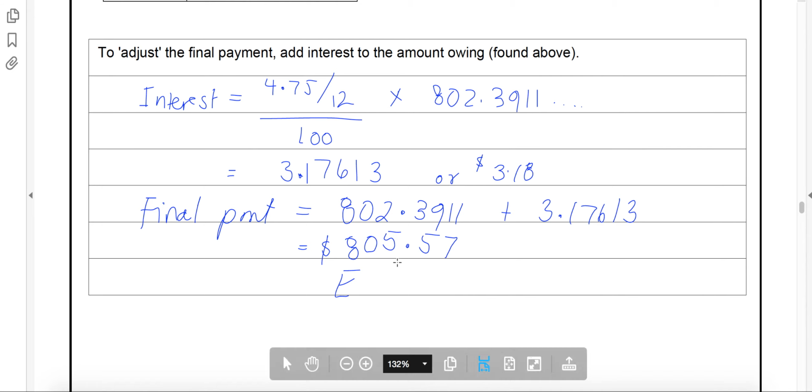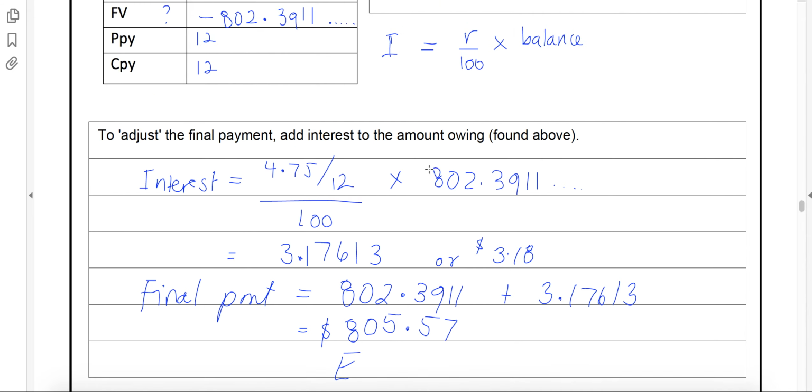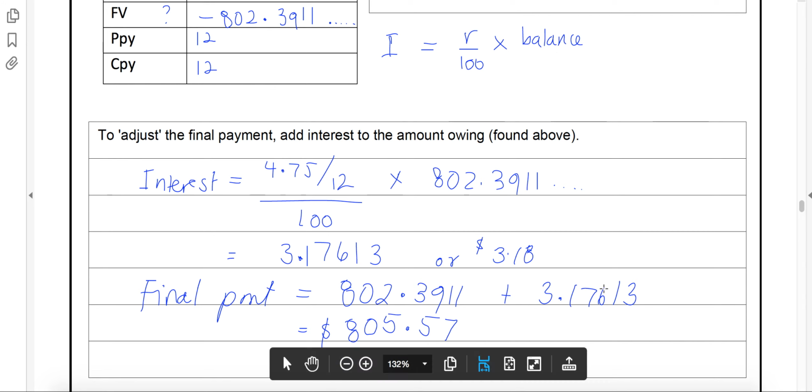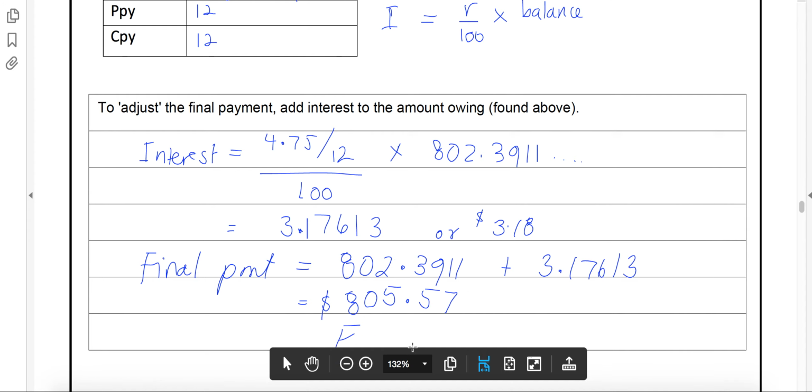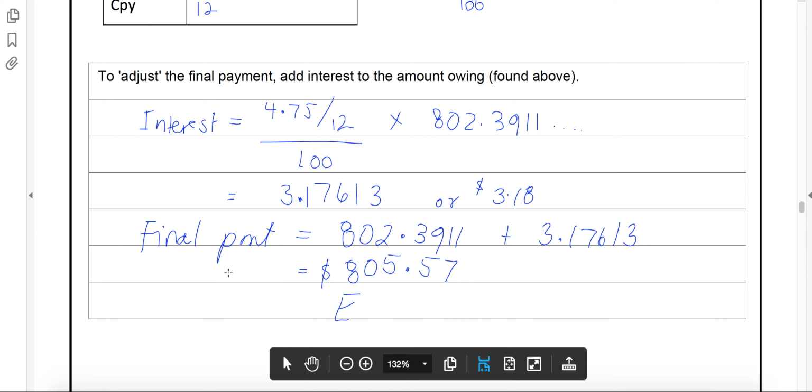You're just doing exactly what we did with an amortization table, percent of the balance. And since we want the balance to be paid off, we've added that interest onto the balance, and that is now the final amount owing. So it's a bit extra because interest has to be charged on that last little bit.